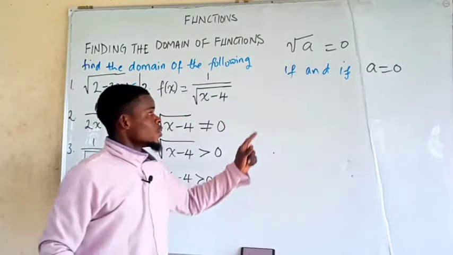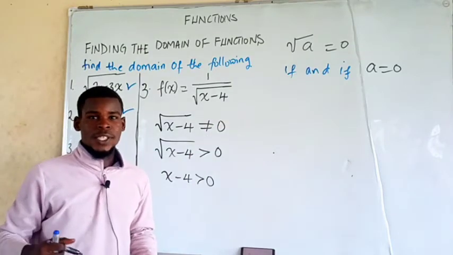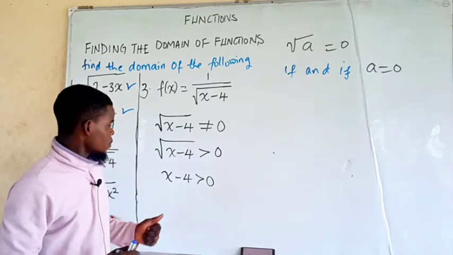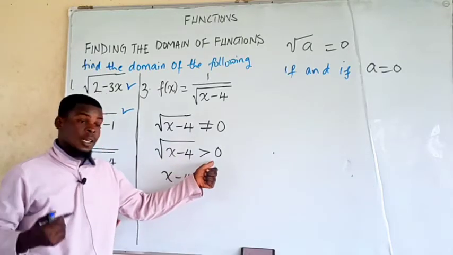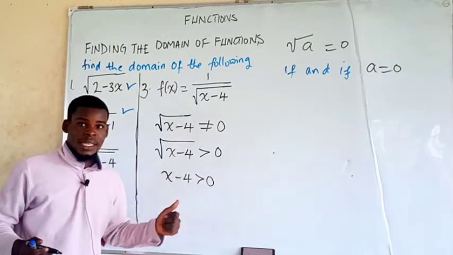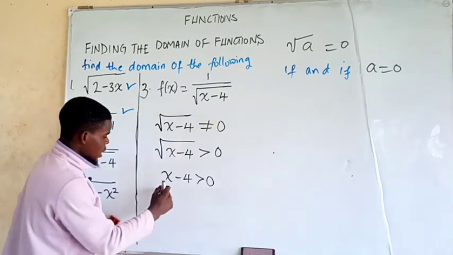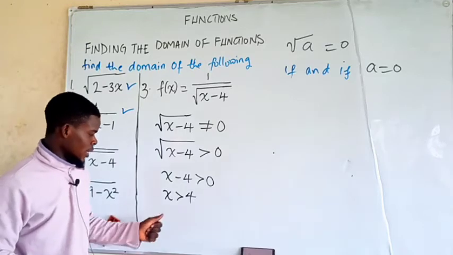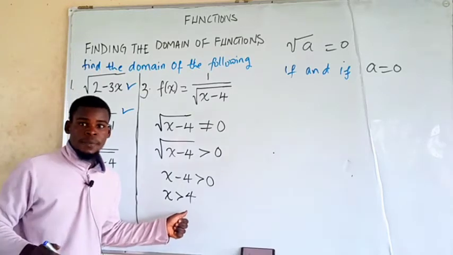So if the radicand is not 0, then the result of the square root can never be 0. So if the square root of this thing is bigger than 0, that means that thing is bigger than 0, meaning that x is bigger than 4. With this last inequality, we're talking about all real numbers bigger than 4.